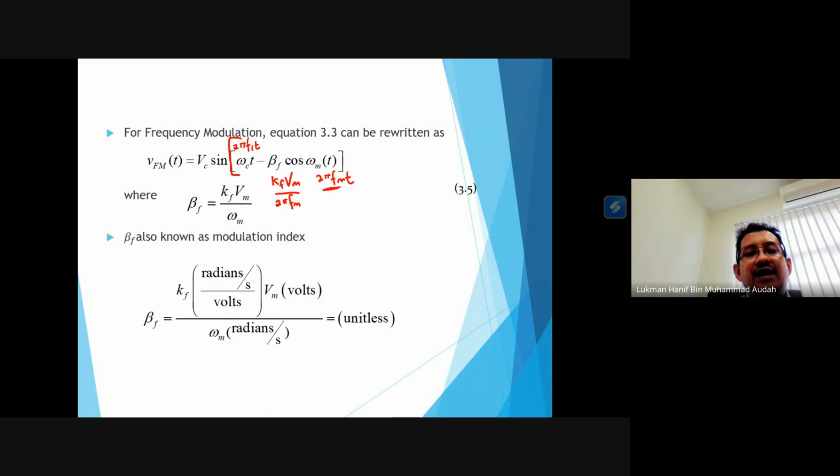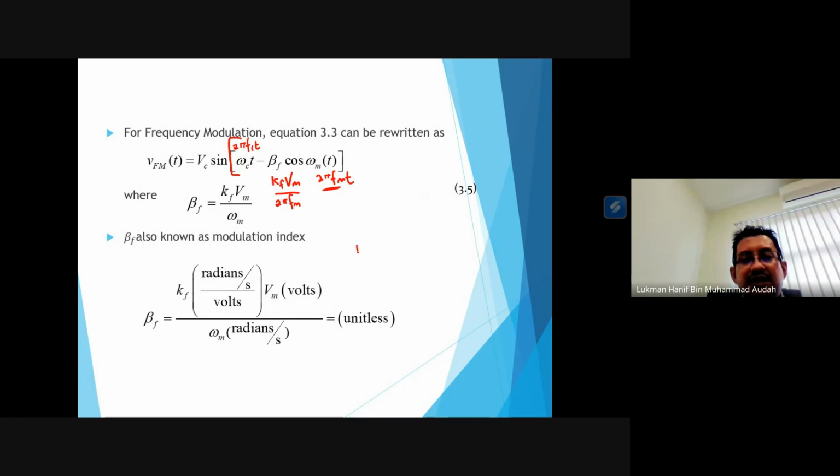So beta f in this example is represented by Kf Vm over omega m, or Kf Vm over 2 pi Fm. Beta f is actually a unitless parameter. If you multiply Kf Vm over omega m, Kf has the unit radian per second per volt. You multiply it with volt and you divide with radians per second.